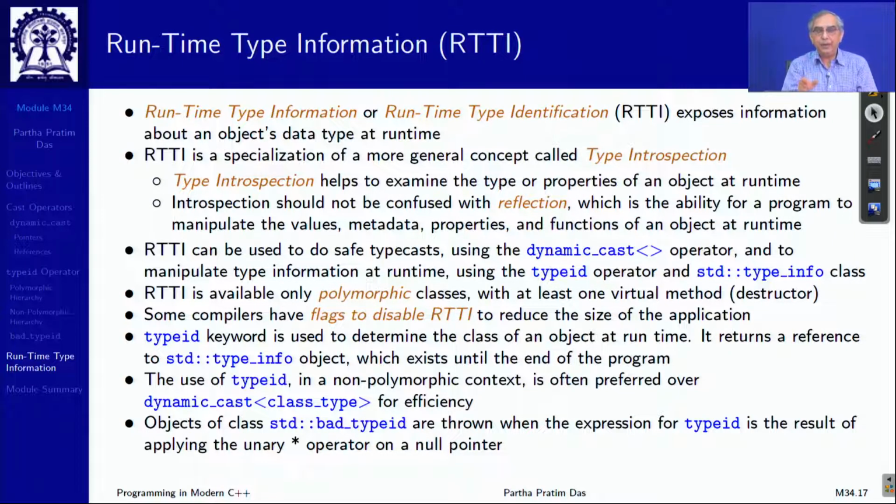RTTI looks up the catalog of classes and the corresponding virtual function table pointer values, and wherever it finds a match, it knows that this is the original class to which this object belongs, and that is the runtime type of the object. That is the basic functionality of the runtime type system in very simplistic terms.